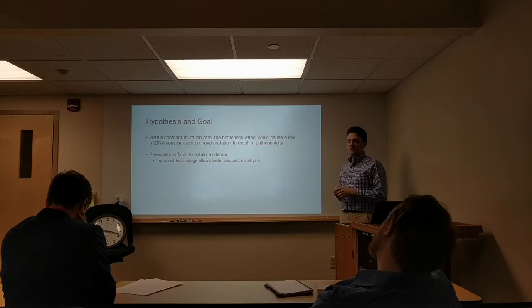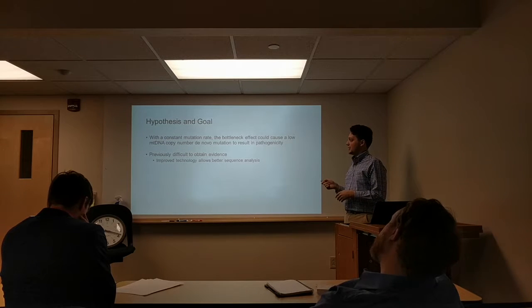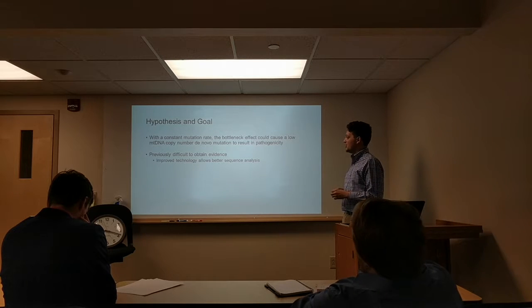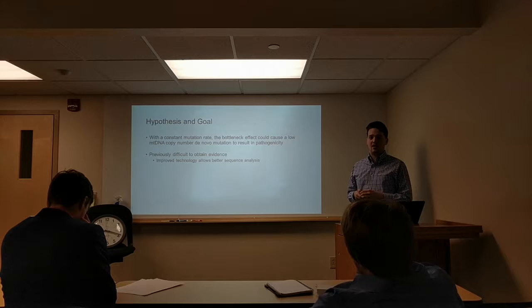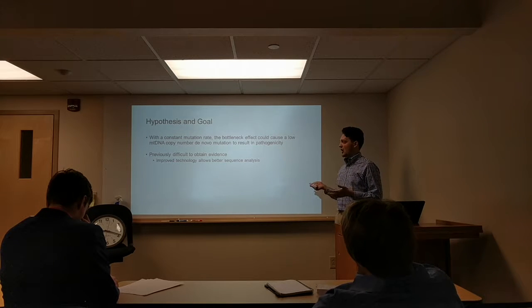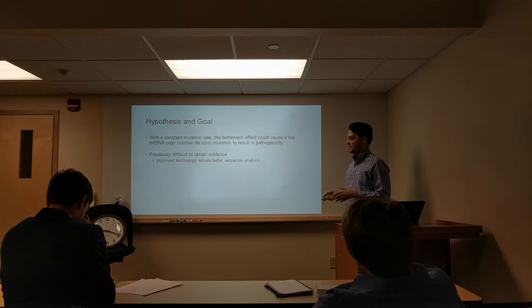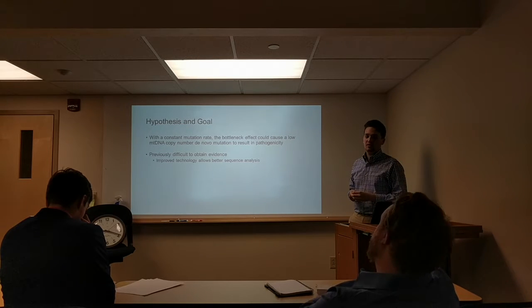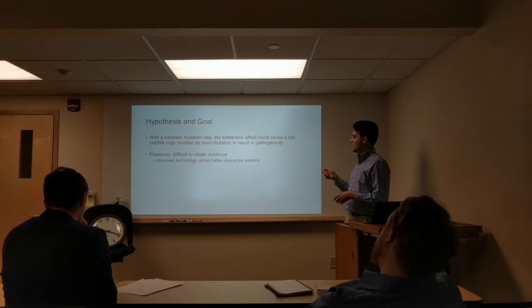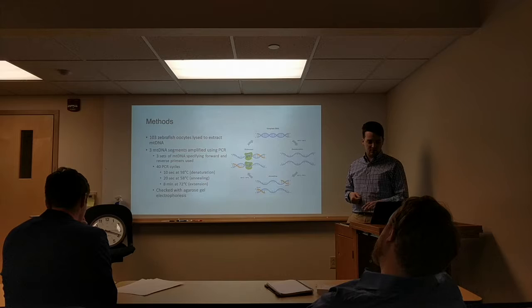The hypothesis for this paper states that with a constant mutation rate, the bottleneck effect could cause a low mtDNA copy number de novo mutation to result in pathogenicity. Previously, this hypothesis could not be studied due to limitations in the sequencing technology. However, recently improved sequencing techniques allowed the researchers to move ahead and assess this hypothesis.